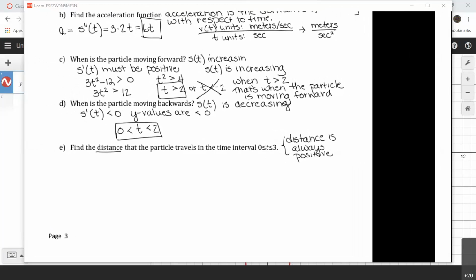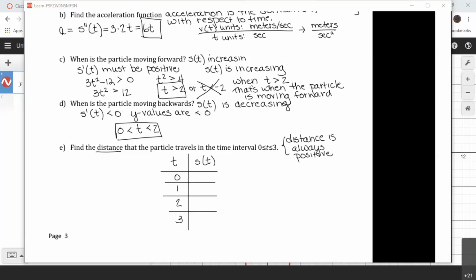What I have to do is split it into forward and backward motion like this. I'm going to build a table, and I'm going to track the motion of the particle at each time t. It's asking me between 0 and 3 for t, so I'm going to put those values in: 0, 1, 2, and 3.